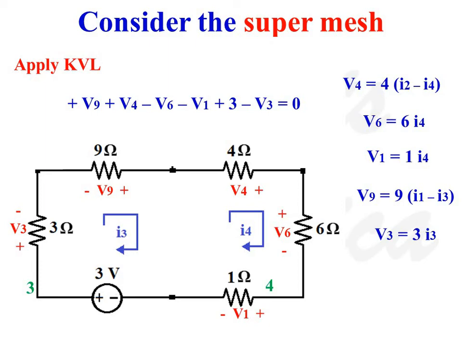According to Ohm's law, V4 is equal to 4I2 minus 4I4, V6 is equal to 6I4, V1 is equal to 1I4, V9 is equal to 9I1 minus 9I3, and finally V3 is equal to 3I3.